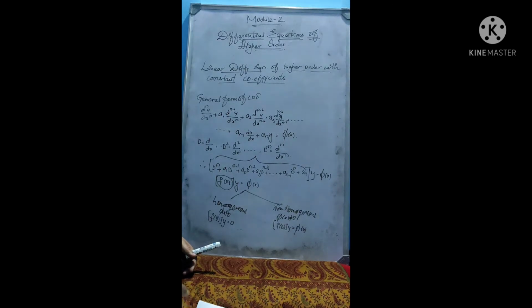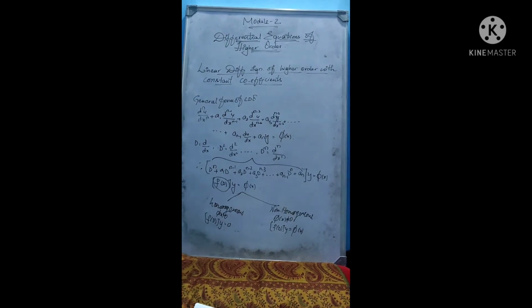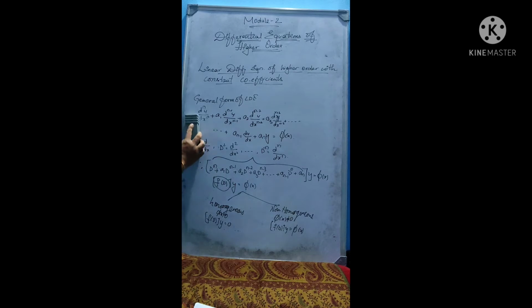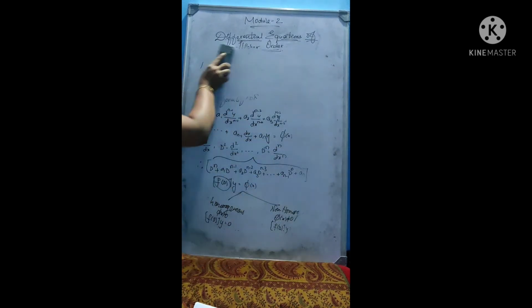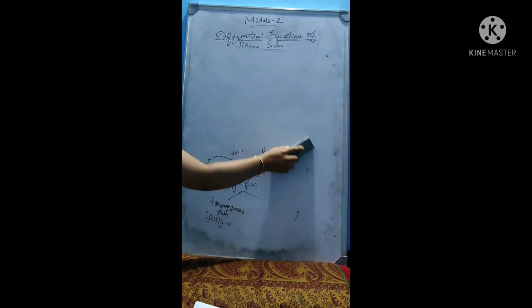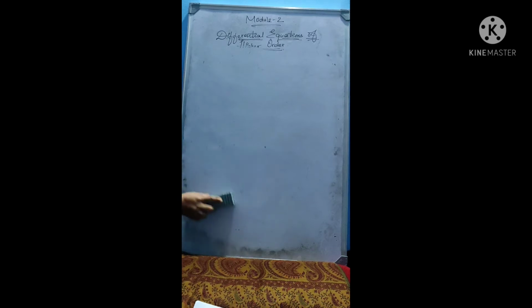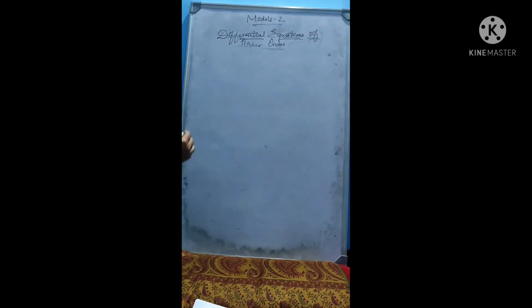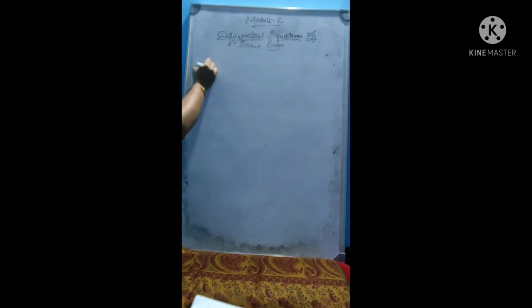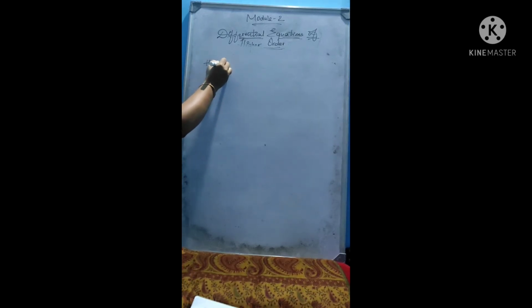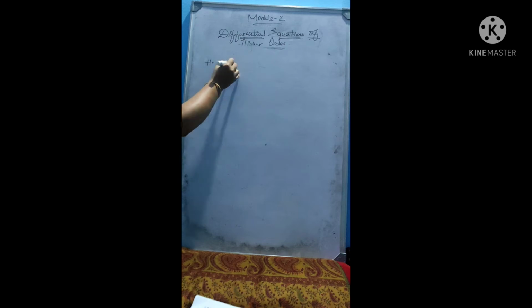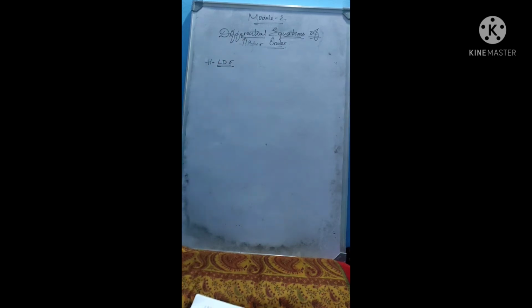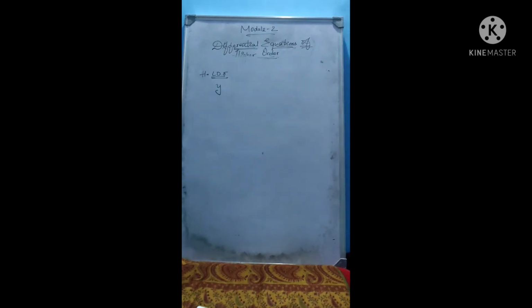And now let us see how the solution goes. How do we solve that? What are the different methods? Basically, as I told you, we have two types of these: one is homogeneous and the second one is non-homogeneous. For a homogeneous linear differential equation, the solution is said to be a complementary function, which is usually represented by yc.